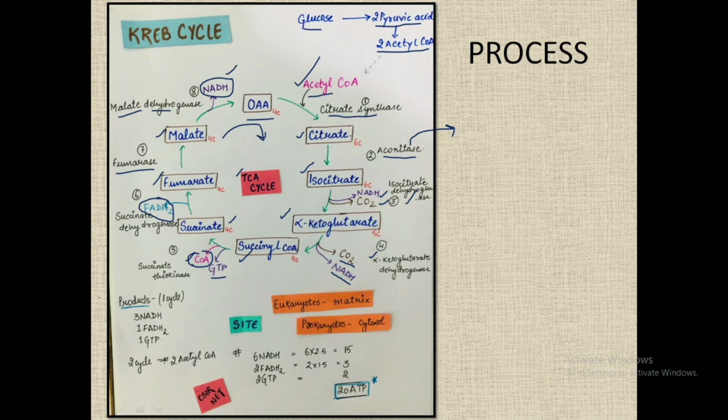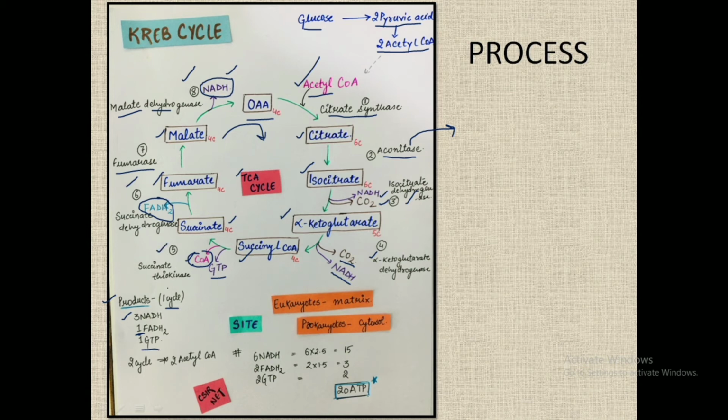So let's look at the products which are formed in this cycle. Talking about one cycle, we have 3 NADH formed at step number 3, step number 4 and step number 8. Talking about FADH2, only one FADH2 is formed at step number 6 and one GTP is produced at step number 5.